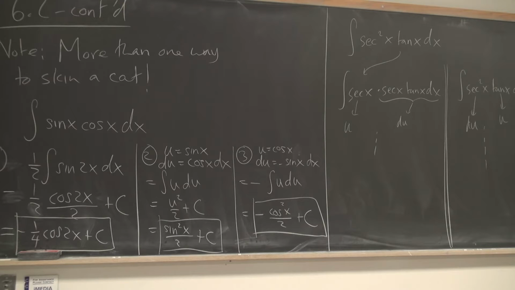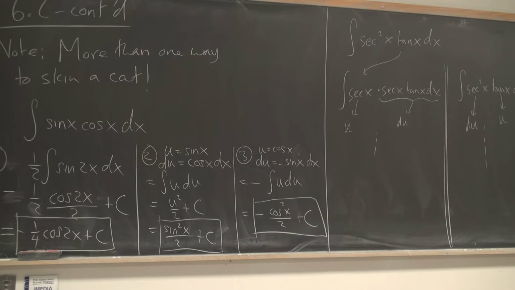Something that was on the quiz: expression, substitute, identity. If you see an expression like a squared minus x squared, what do you substitute? x can be a sine theta, or, less common, you can also use a cosine theta. The identity you're taking advantage of is 1 minus sine squared equals cosine squared, or equivalently 1 minus cosine squared equals sine squared.